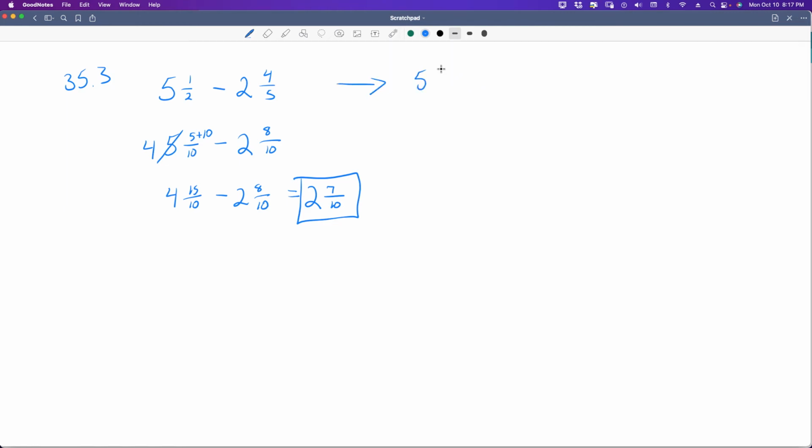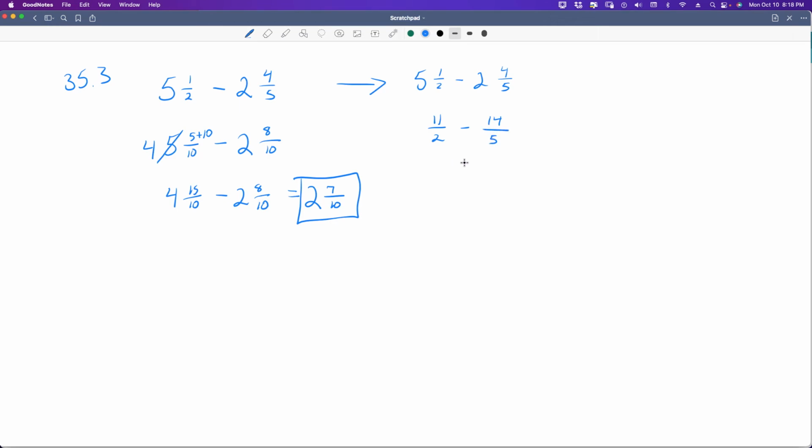If you have 5 1/2 and then you're subtracting 2 and 4 over 5, one of the things that you can do is turn this into an improper fraction. 5 times 2 is 10 plus 1, that's 11 over 2. And 2 times 5 is 10 plus 4, that's 14 over 5.